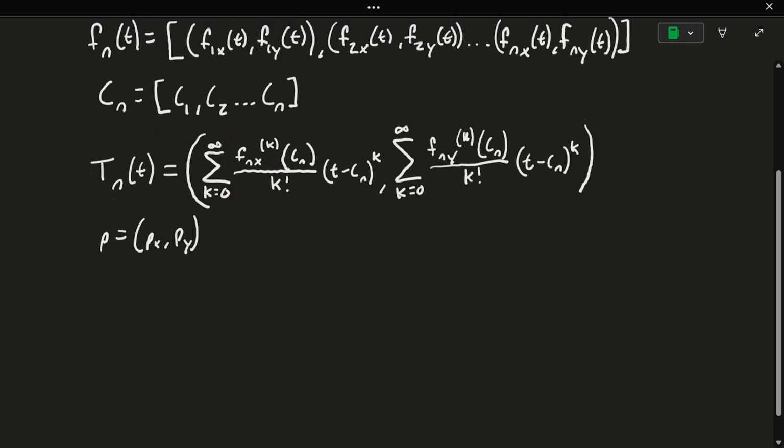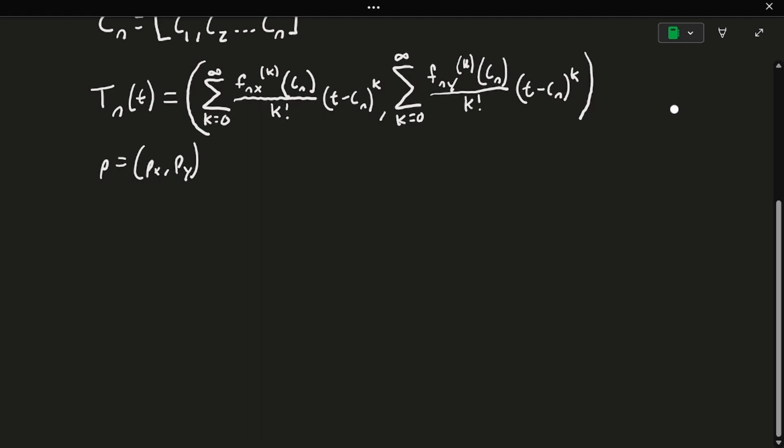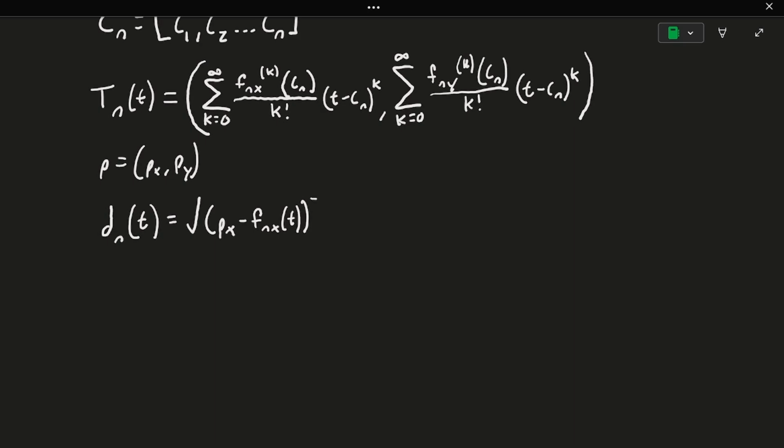And now we can calculate the distance between P and our parametric equations up there just by using the distance formula. We'll use dn of t equals the square root of px minus fn x of t, that's squared, plus py minus fny of t, that's squared, and the square root of that whole thing.